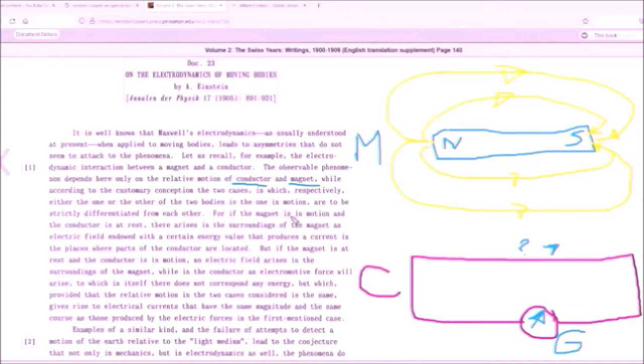If the magnet is in motion and the conductor is at rest, if you move this magnet and leave the conductor at rest, there arises in the surroundings of the magnet an electric field endowed with a certain energy value that produces a current in the places where parts of the conductor are located.